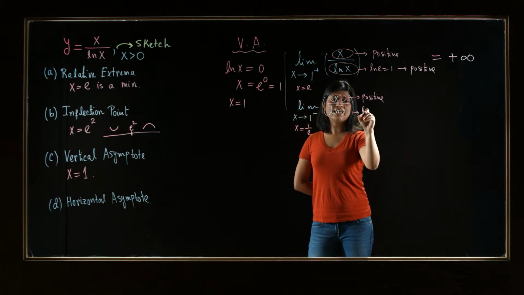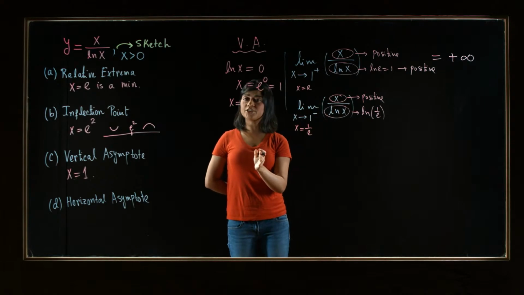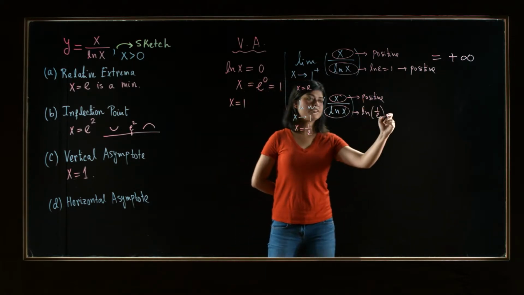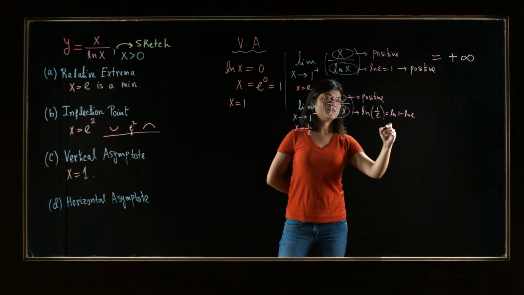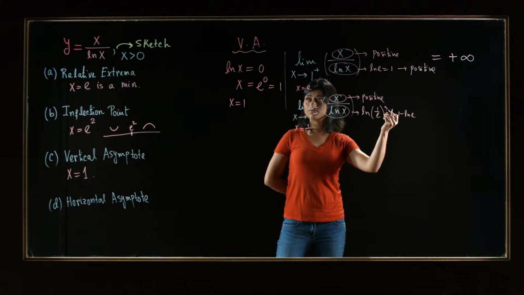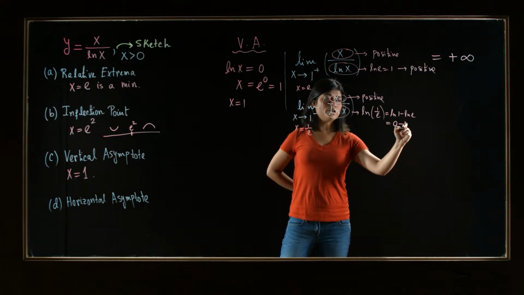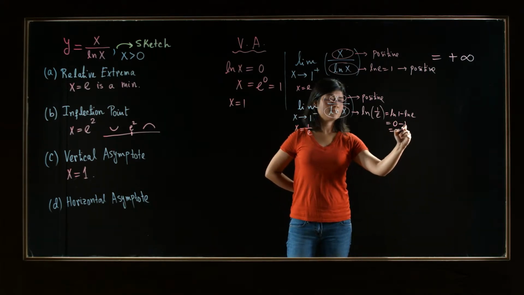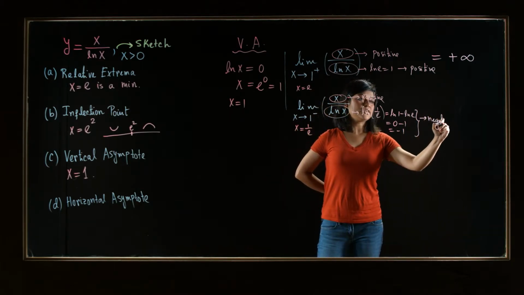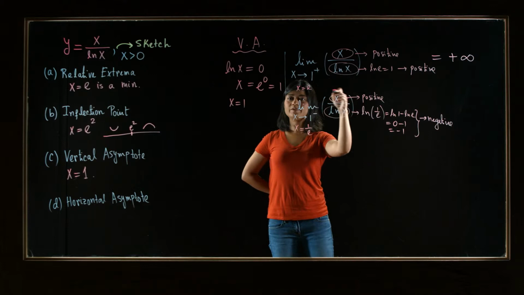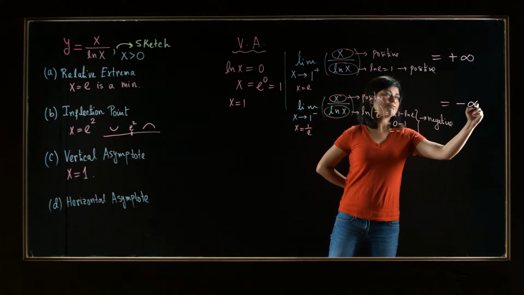This is natural log of 1 over e. Now you can apply the property of natural log. Remember, natural log of a quotient is natural log of 1 minus natural log of e. Natural log of 1 is 0, we just solved it here, and natural log of e is 1. So you see this is a negative number. So the entire quotient is going to be negative. So this limit will be negative infinity.